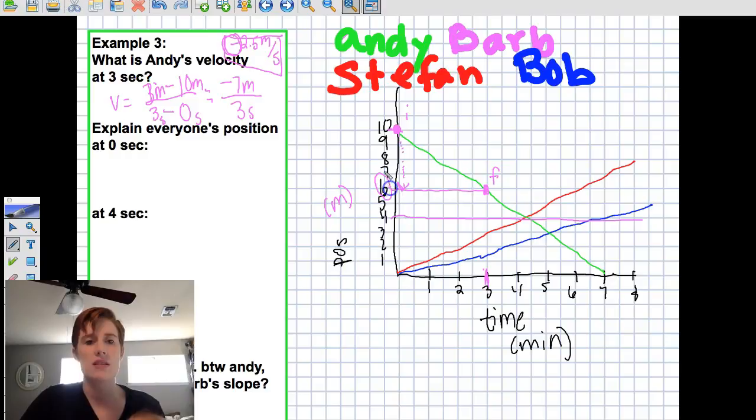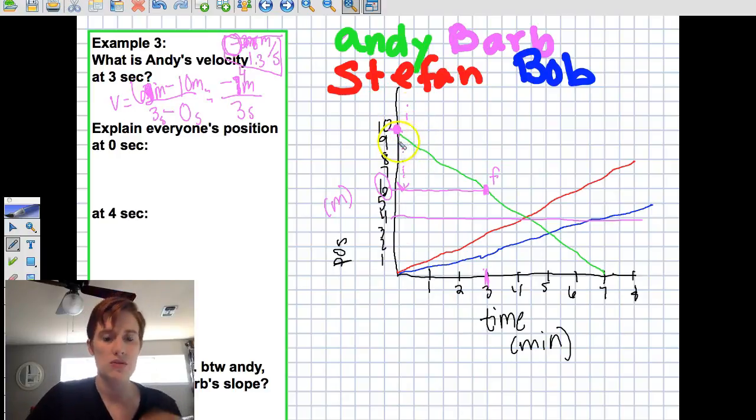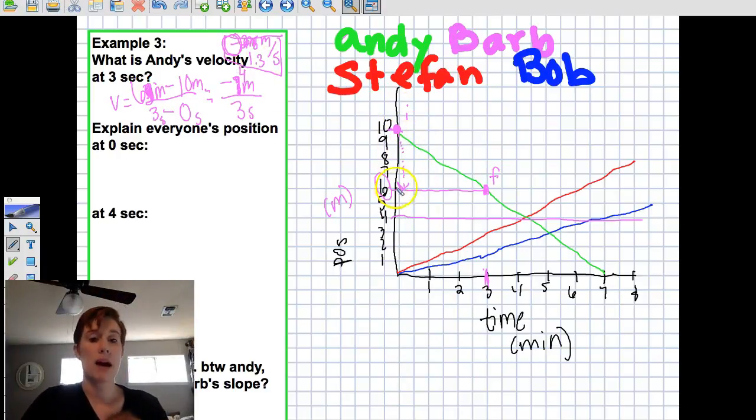It's 6. Silly me. So this actually comes out to negative 4. So negative 4 over 3 is like 1.33. So his velocity is negative 1.3. But what I was saying is still true. Whenever it's negative, they're running backwards on the course, okay?